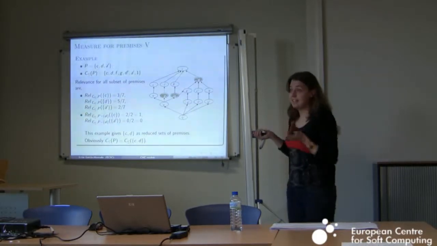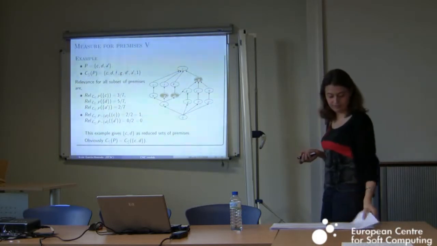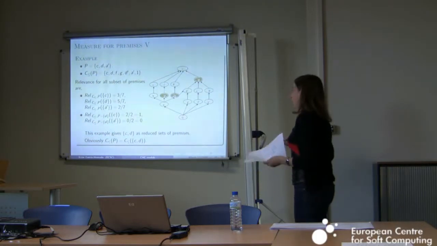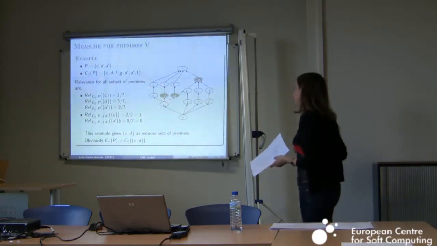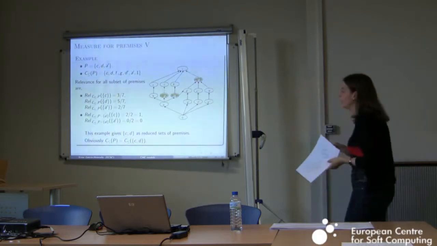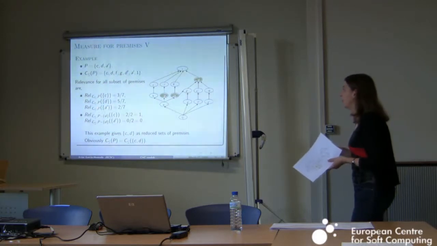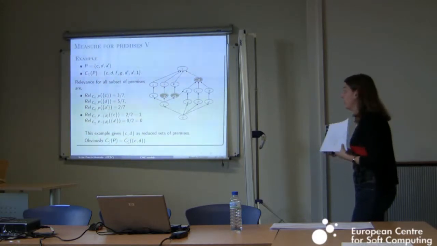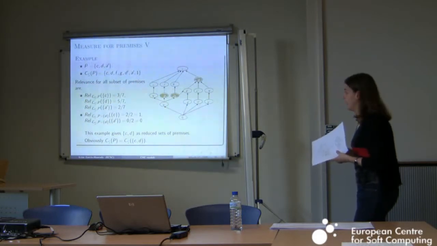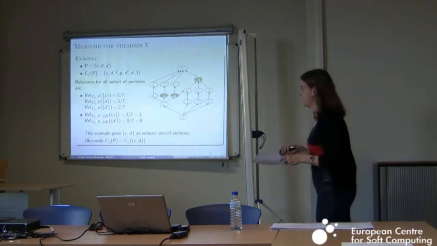For example, in this sample, you have, is the other one in the paper, with premises C, D, and not A. First of all, we calculate the relevance for all premises, from C, from D, and from not A. So the premise with biggest relevance will be D. And I put this D into the set of reduced premises.